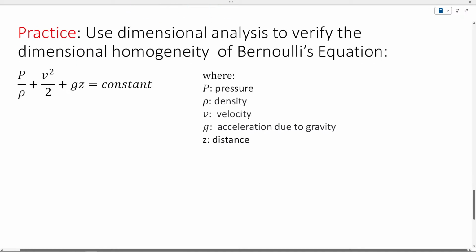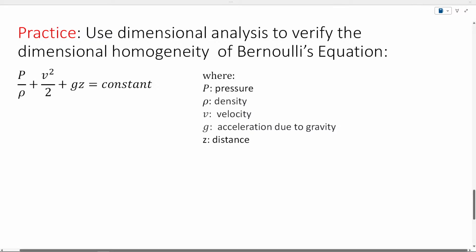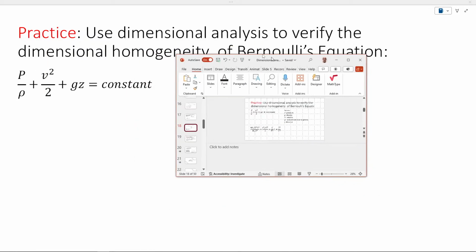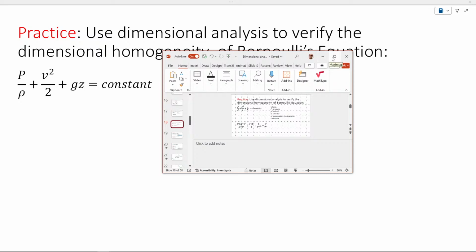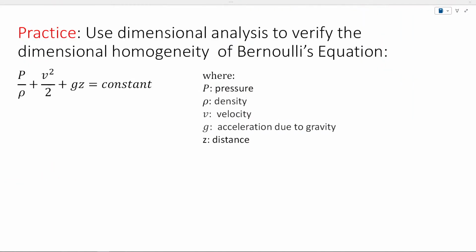Here is another practice problem. Use dimensional analysis to verify the dimensional homogeneity of the Bernoulli equation. You can solve this, and after you solve it, you can go to the lecture notes and check the solution. I have the solution there, but don't look at it, just try to solve it.